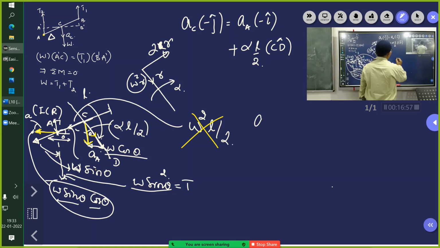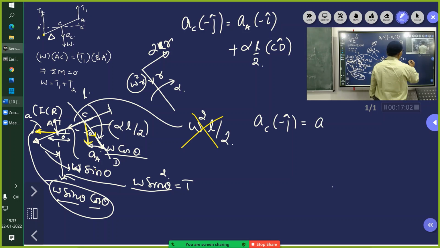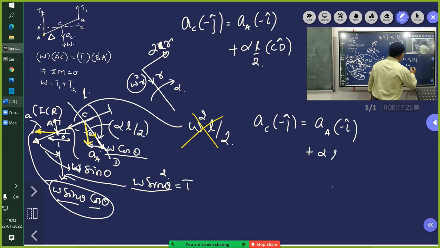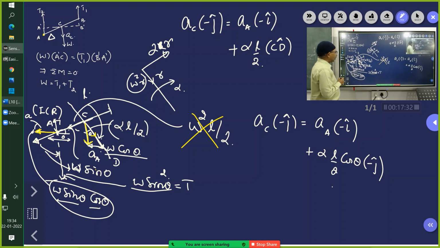So now I will write AC minus J cap is equal to AA minus I cap, plus alpha L by 2 CD cap. Now I will resolve this CD. I take the component of CD along the direction of J, in terms of minus J cap, so alpha L by 2 cos theta minus J cap.